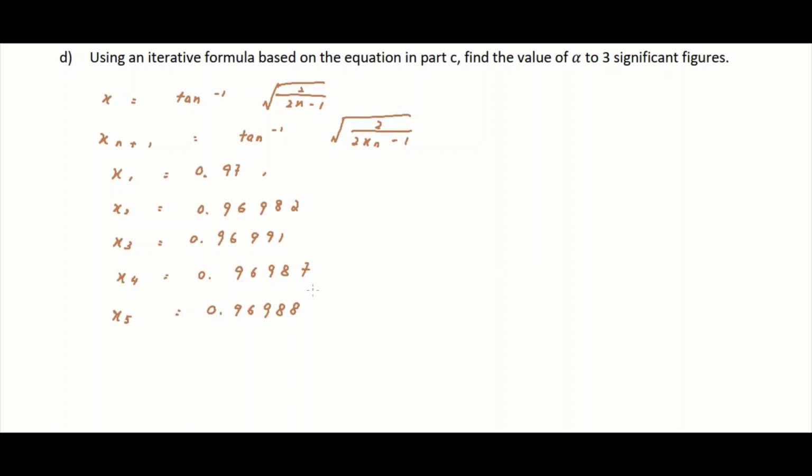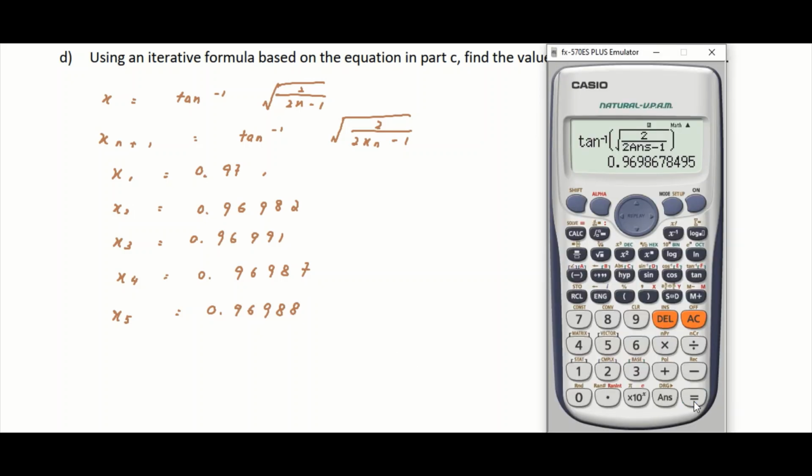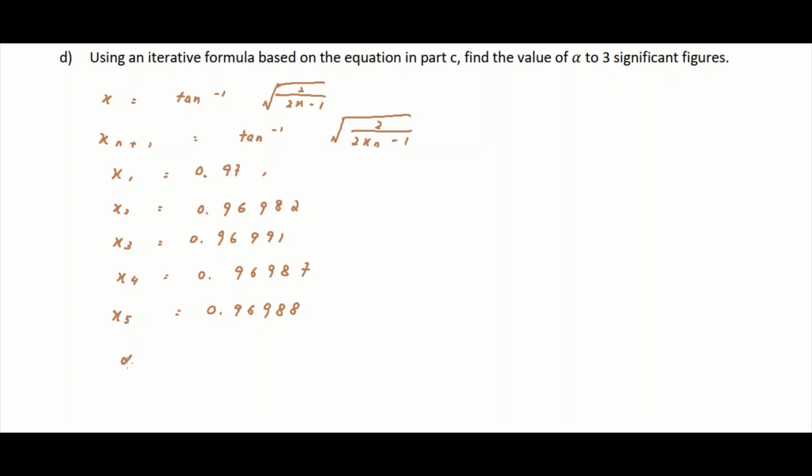Same thing goes for x3, x4, x5. You can check it with your calculator, continue to press it, and no matter how you proceed, you will still get 0.970. So we can stop here. You can write down your alpha equals 0.970, correct to 3 significant figures. Please make sure that you write 0.970, although it's the same as 0.97, because you need to write your answer in 3 significant figures.